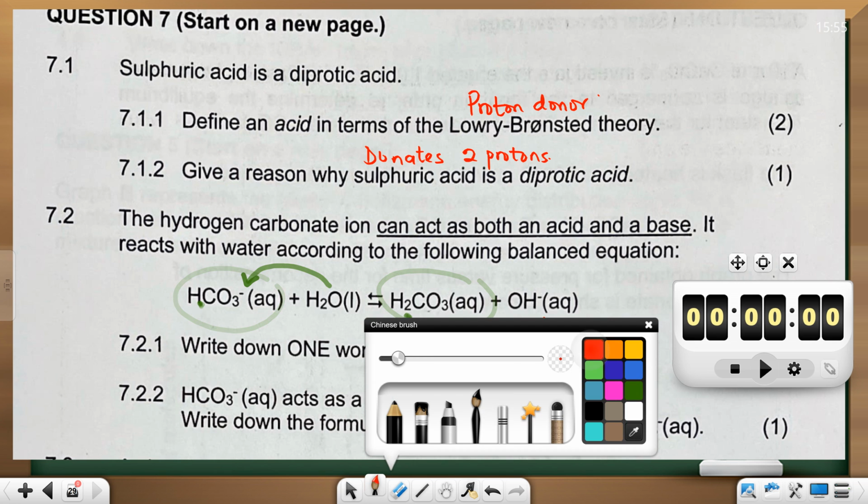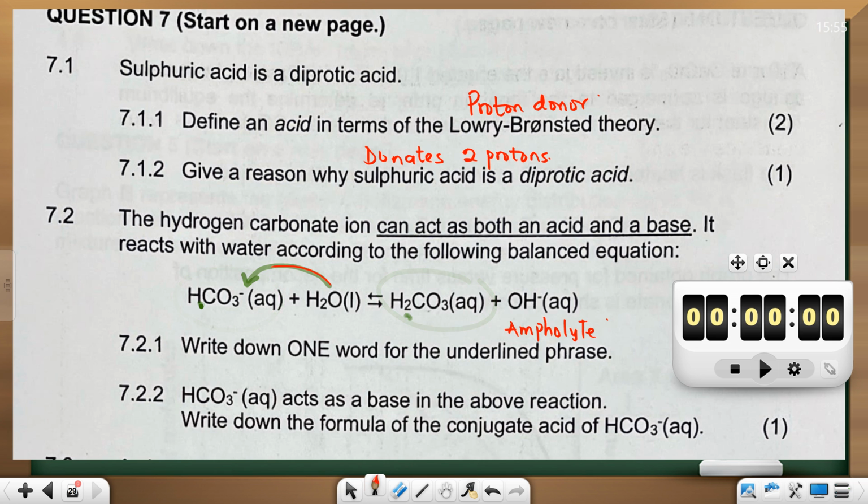A proton has been transferred from water to this guy. So water is acting as my acid, and this is acting as my what? When a base accepts a proton, what does it become? A conjugate acid. When an acid donates a proton, what does it become? A conjugate base.